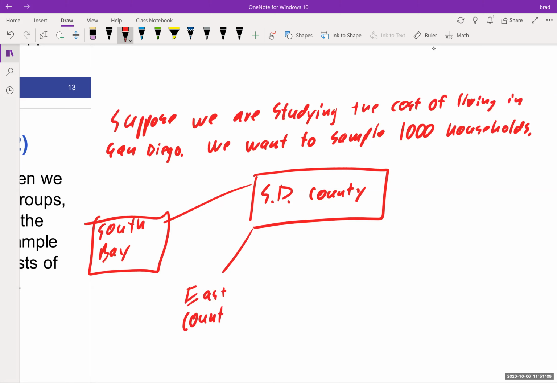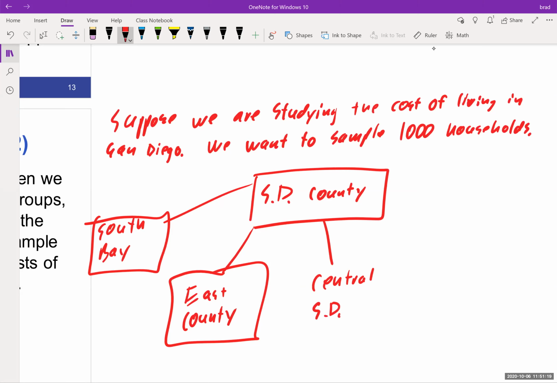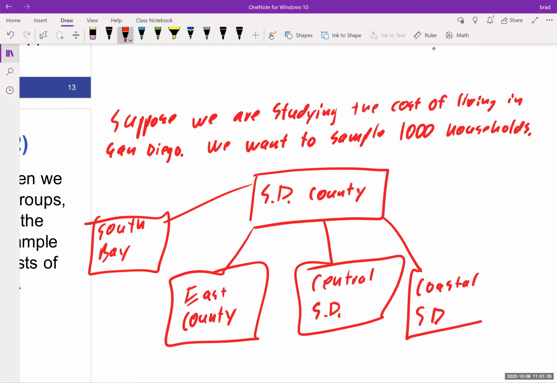This is my strata, this is how I've chosen to cut up San Diego County. We're going to do Central San Diego, Coastal, and then North County.